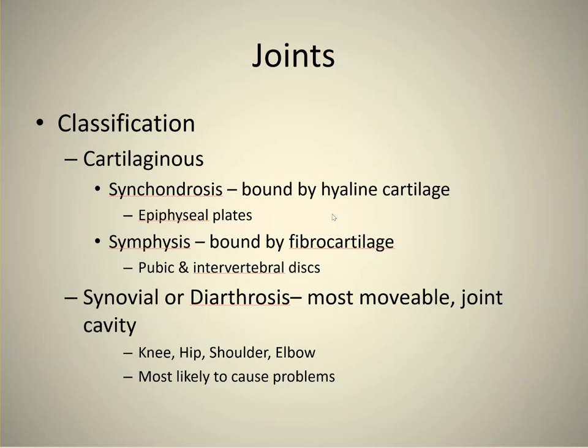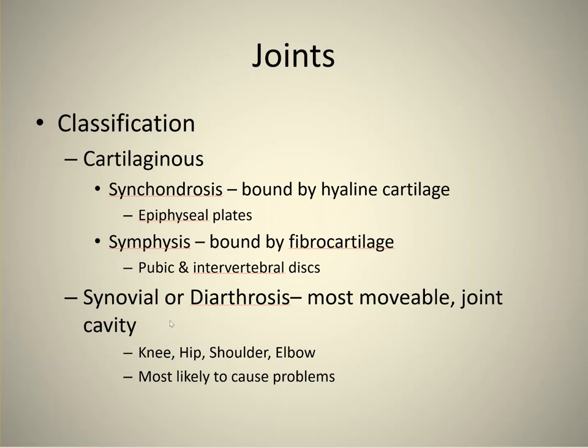And then there's a symphysis, and there are only two of these. The pubic symphysis between two pubic bones, and this is fibrocartilage between them, not hyaline cartilage. And your intervertebral discs are also a symphysis, and that is an amphiarthrotic joint.